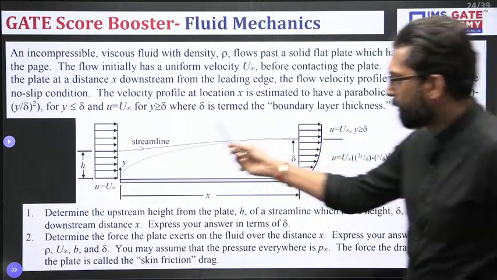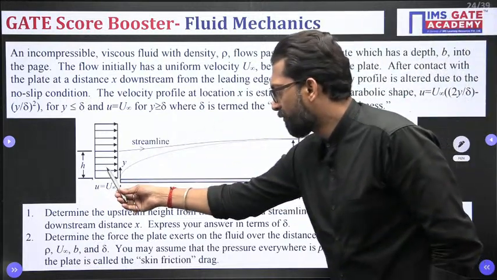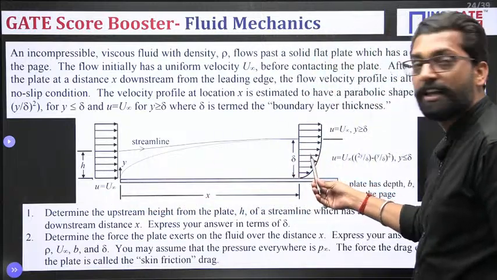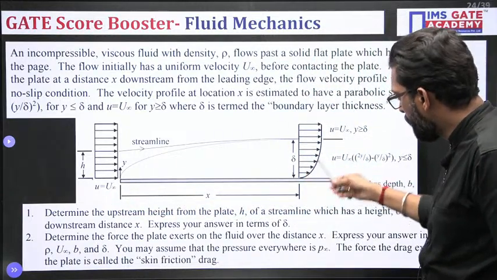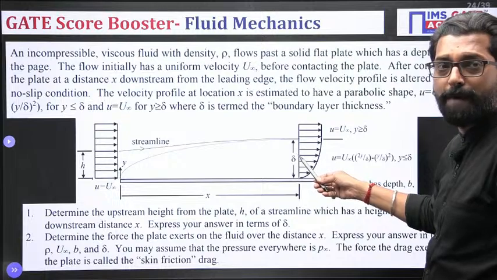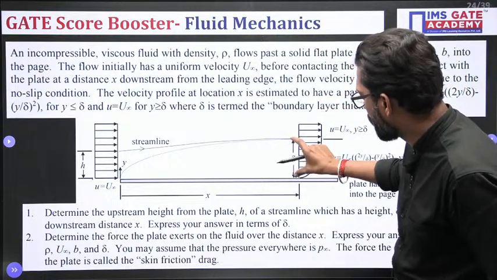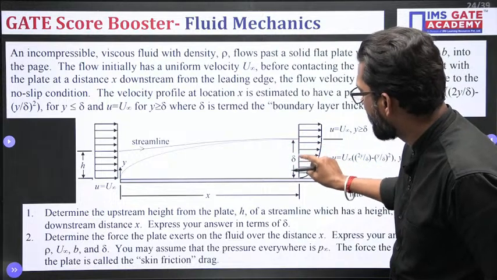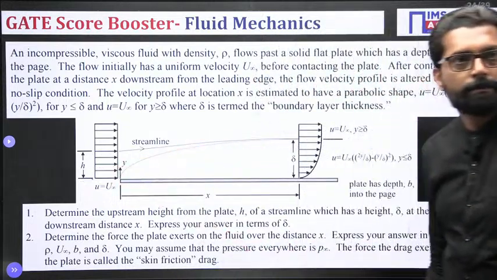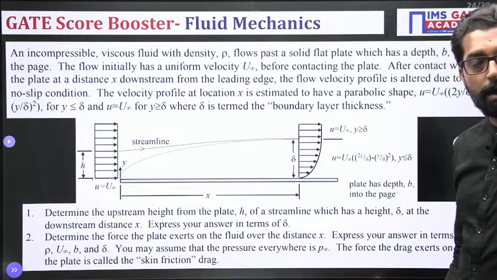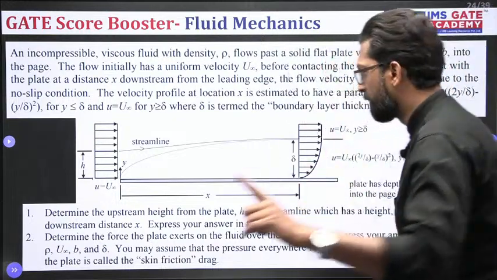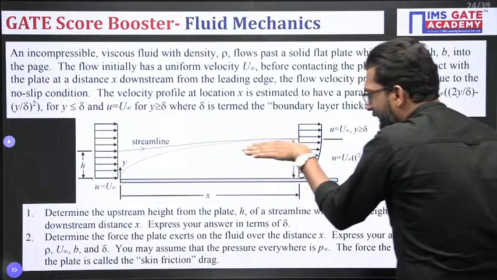But due to the steady flow, the mass flow rate must be the same. So to compensate for this reduction in mass flow rate, we have to shift the streamline. That means this streamline is higher, that means delta is higher than H value. Clear? Understood?